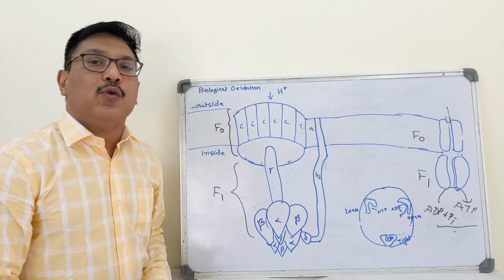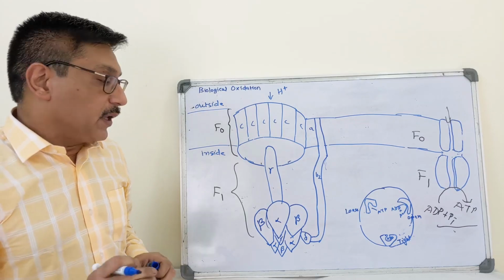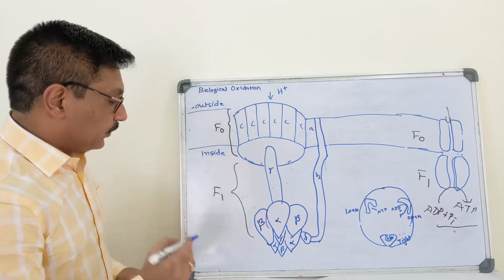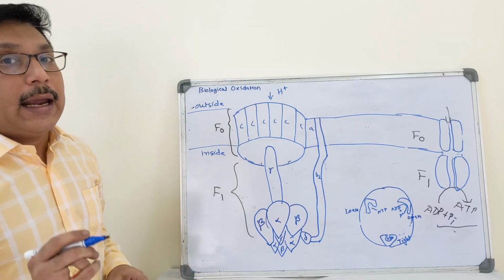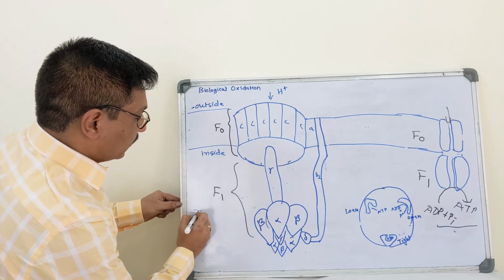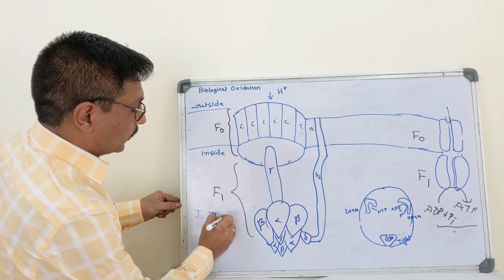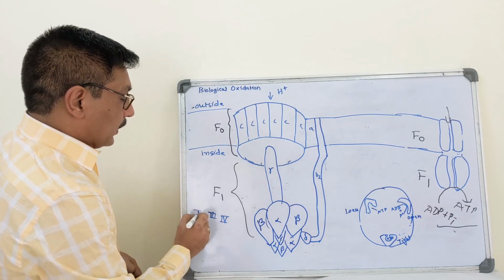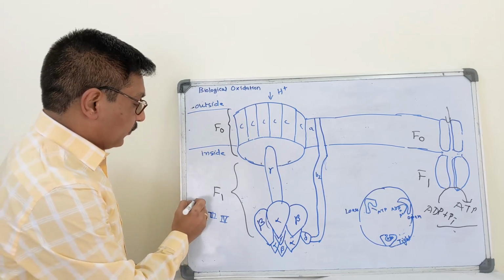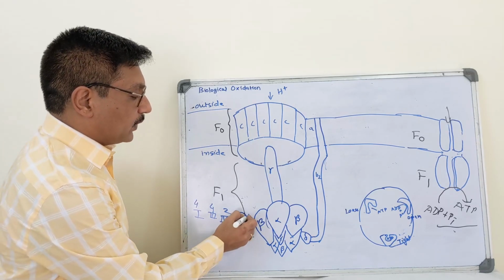For each mole of substrate oxidized via complexes 1, 3 and 4, that is, NADH is the electron donor, how many protons are pumped? 4 here and 2 here, so 10 protons are pumped.